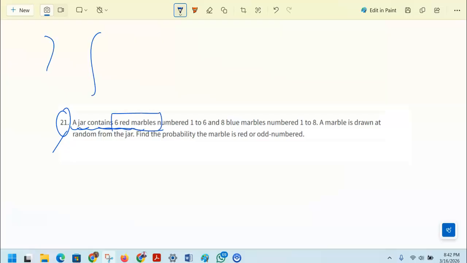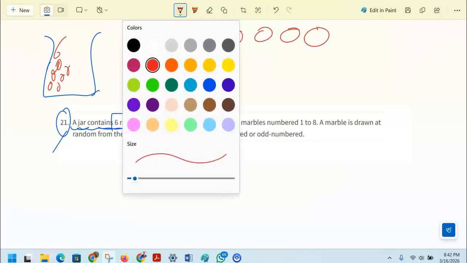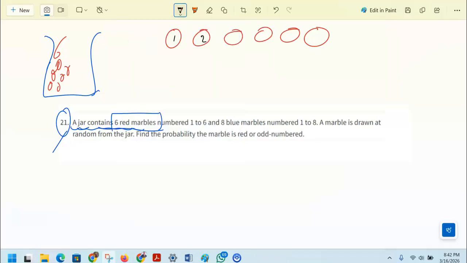So this is the jar, and 6 of them are red: 1, 2, 3, 4, 5, and 6. There are 6 of them, and they're all numbered. So these are 6 red, 1, 2, 3, 4, 5, 6.